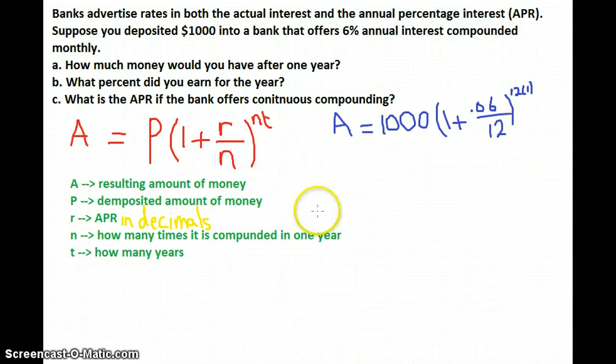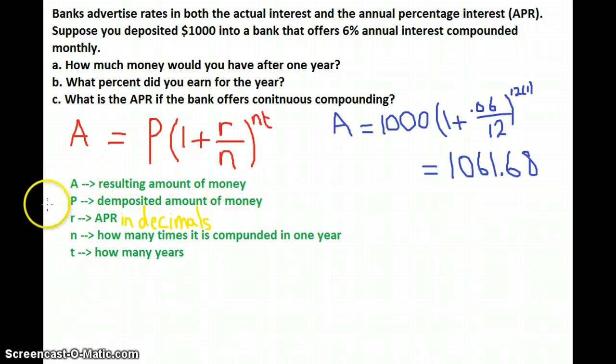Now, the answer will be, you have that in your packet, $1,061.68. And yes, this is dollars because we agreed that A represents an amount of money, and P represents an amount of money. So those two are money, so I'll add my dollar sign somewhere here. There we go. All right, so now that's an answer for question A.